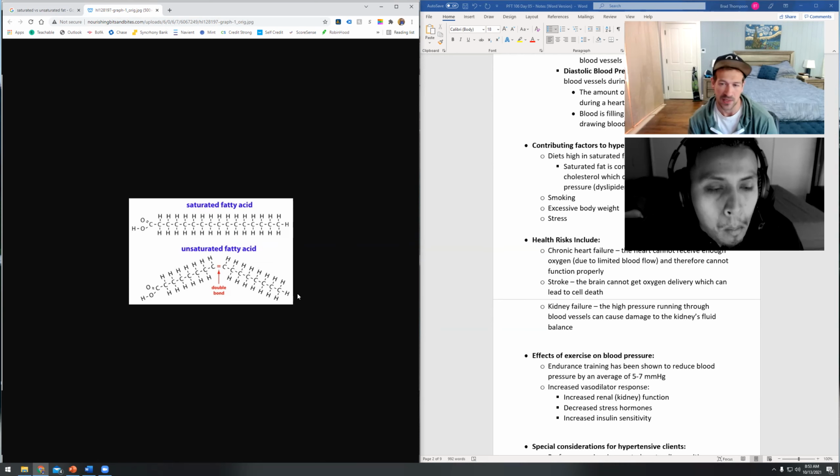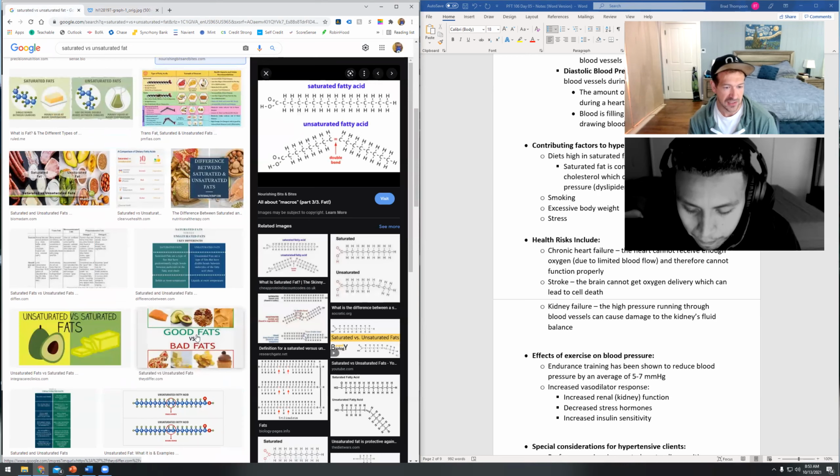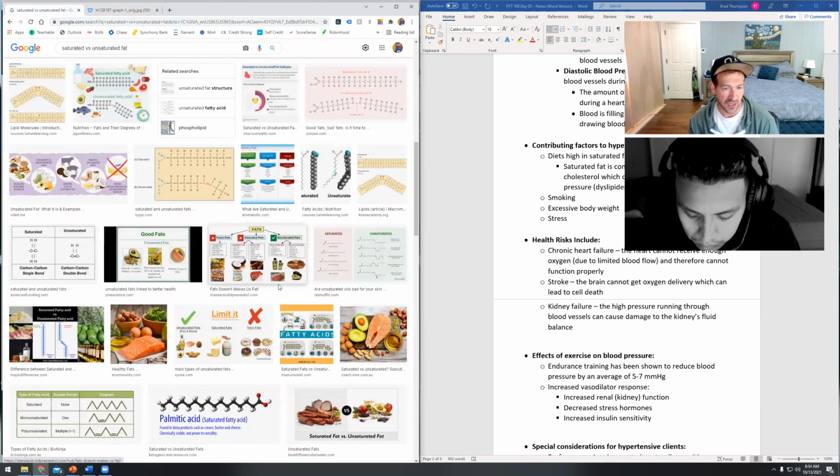There'd be little gaps in their structure, little empty spaces. Those little empty spaces make the fat, instead of looking like a solid, actually look like a liquid at room temperature. So this is where you can see that in the real world when you look at the difference between saturated and unsaturated fats. I don't want to say good fat versus bad fat. I don't like that.